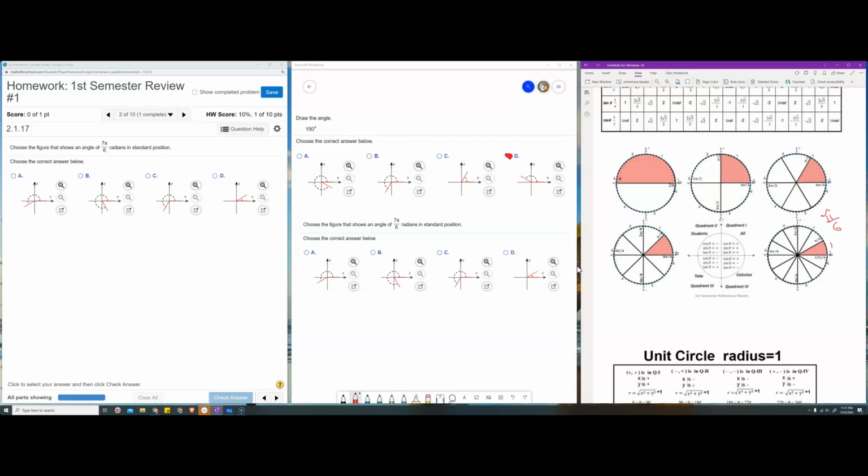So again, since it's a positive angle, we're going to go counterclockwise, and we're just going to count 7 of these slices. 1, 2, 3, 4, 5, 6, 7. And that matches with choice A.